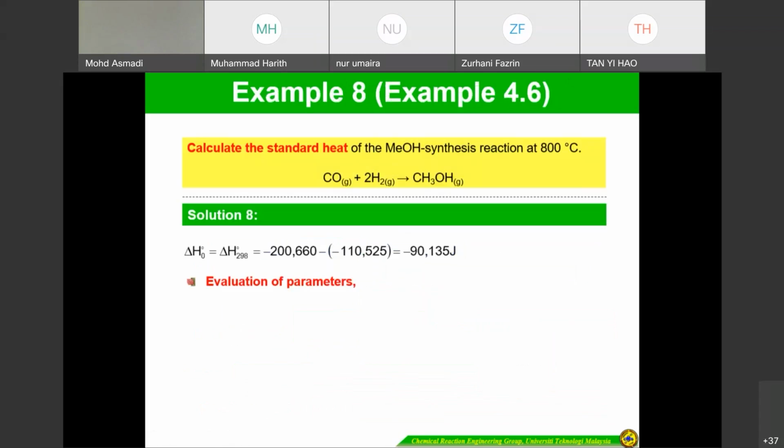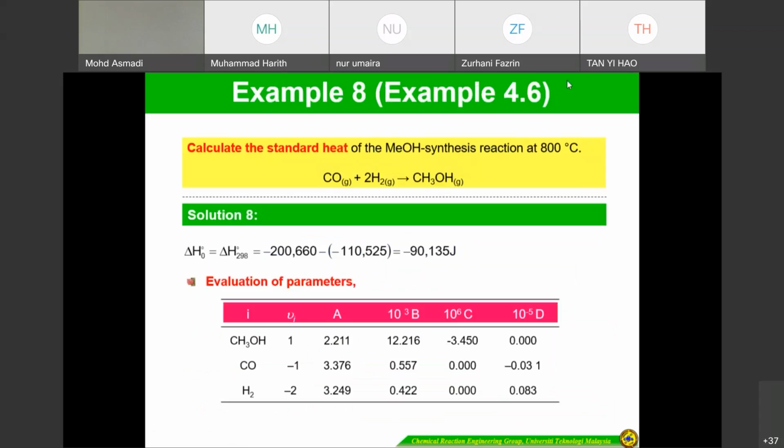Okay, so evaluation of the parameters. If you look here, the stoichiometry is 1 for the methanol and -1, -1. So just determine the parameters from table C1: A, B, C, and also D. Once you convert into values, this one is actually 12.216 times -3.